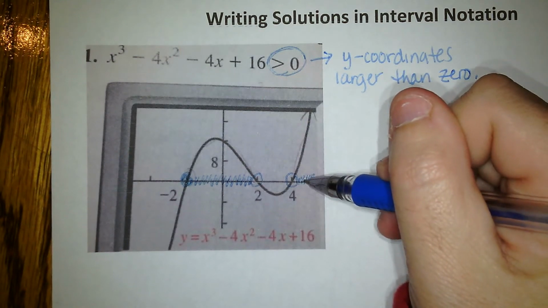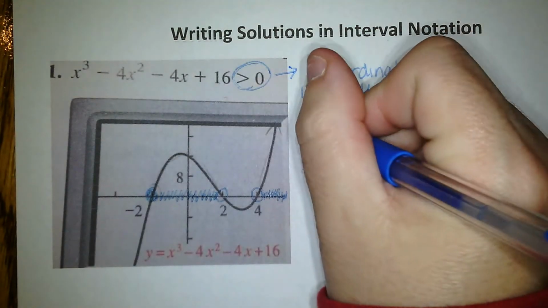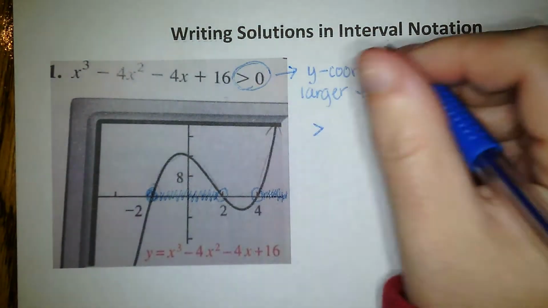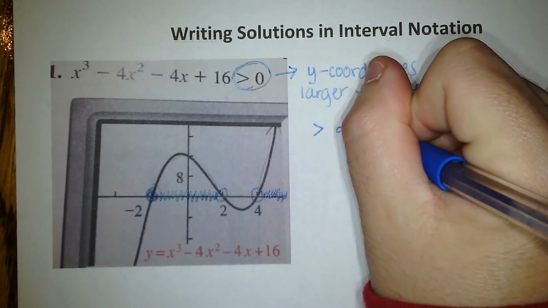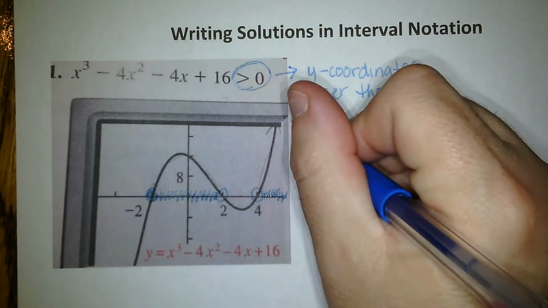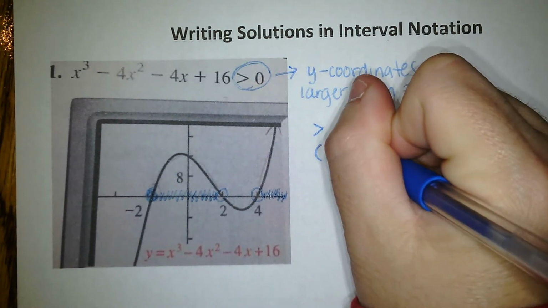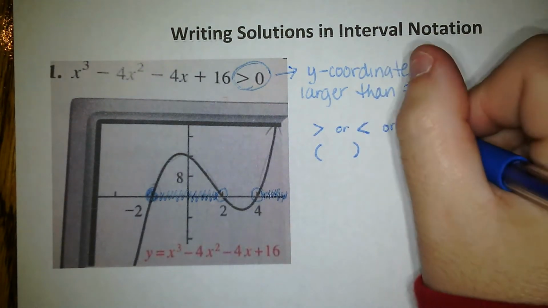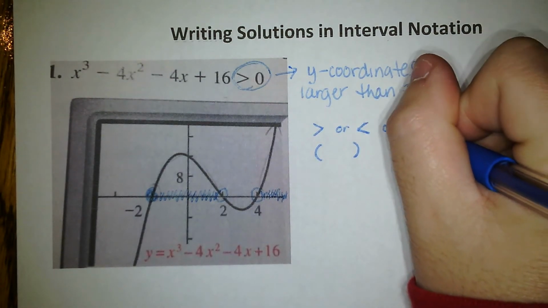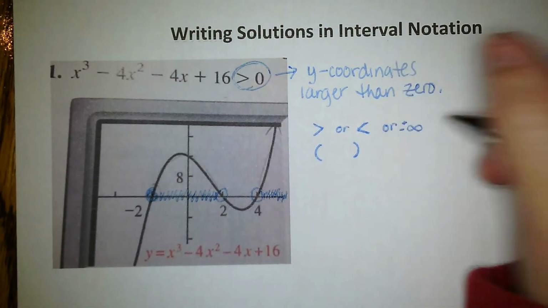Now it's time for us to write our interval notation. Remember that if you have a greater than or a less than, you want to make sure that you have parentheses for your intervals. Also, if you are at infinity or negative infinity, you also need to have parentheses.